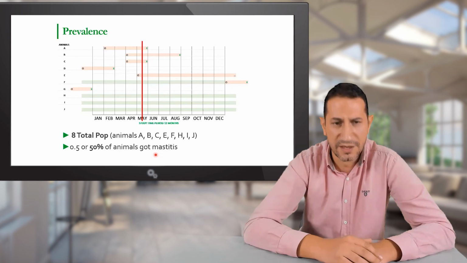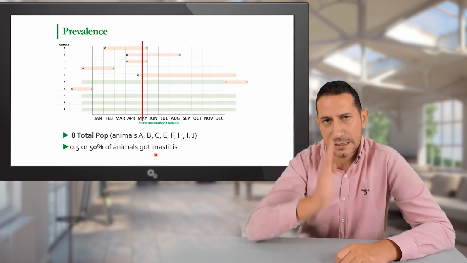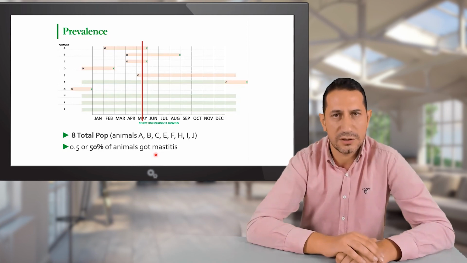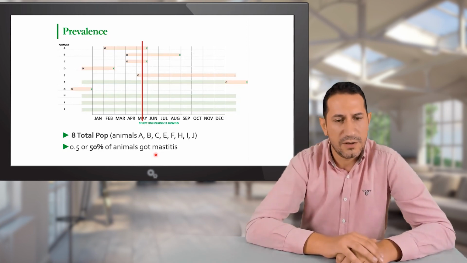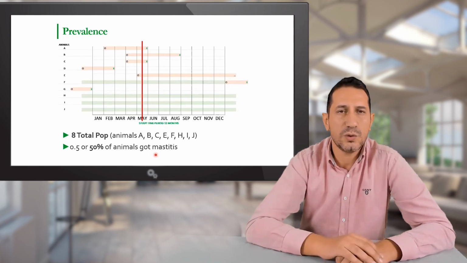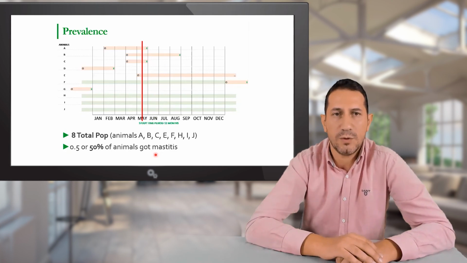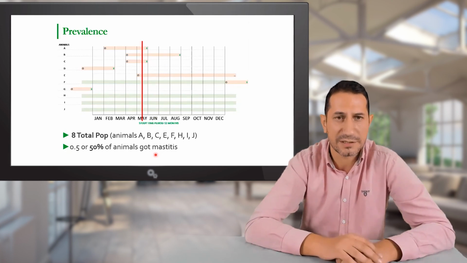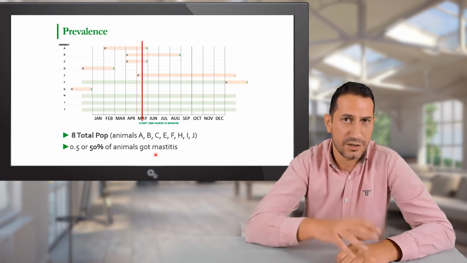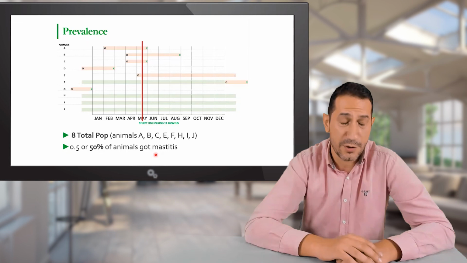However, if we change the time period where we do the snapshot in time, and we count, let's say, from February, we would have two cases, and then we would have almost 9 animals as a population to be included into the denominator.